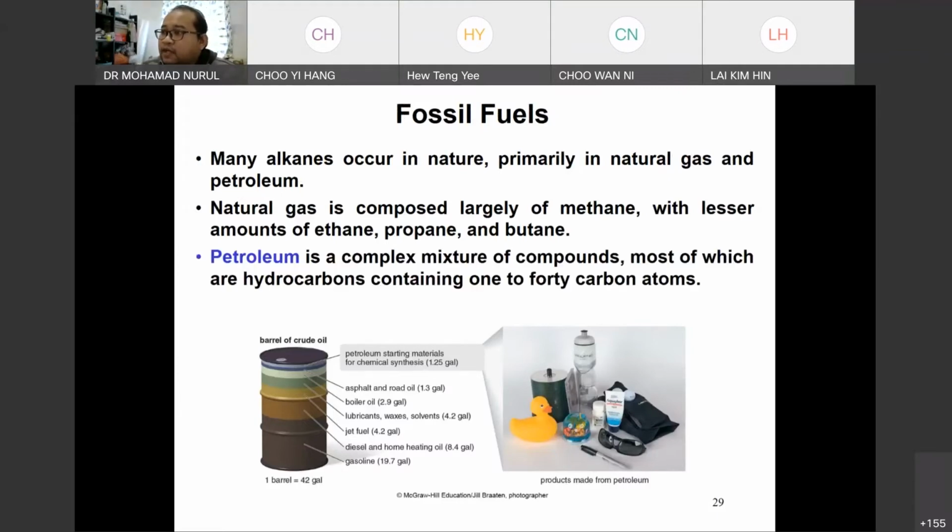Petroleum is a complex mixture of compounds, mostly hydrocarbons containing 1 to 40 carbons. We already learned that from crude petroleum, by doing fractional distillation, we can get gas and liquids based on the number of carbons.